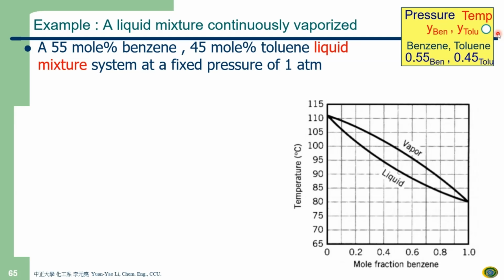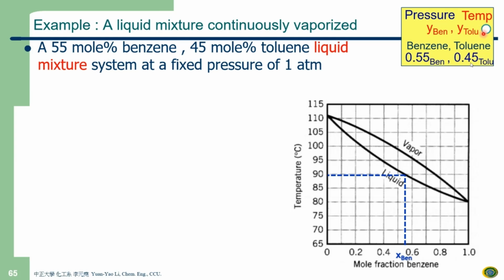So how can you do this for me? In the liquid, let's say benzene is 0.55, somewhere in the middle here, right? So you go up here, and you hit this place, because we are talking about the bubble point.